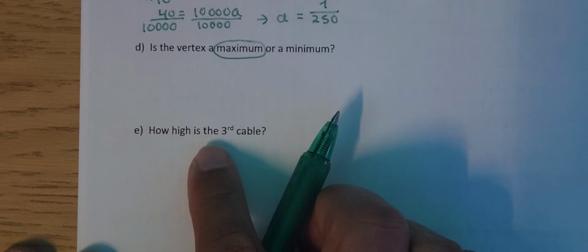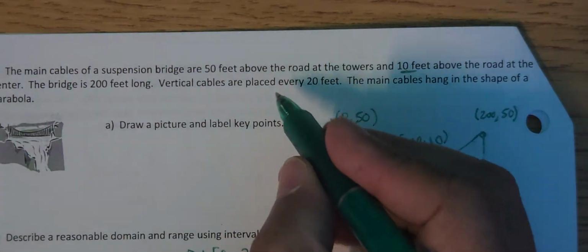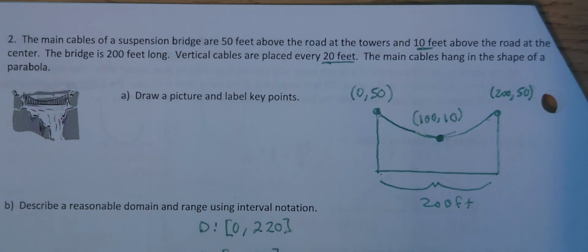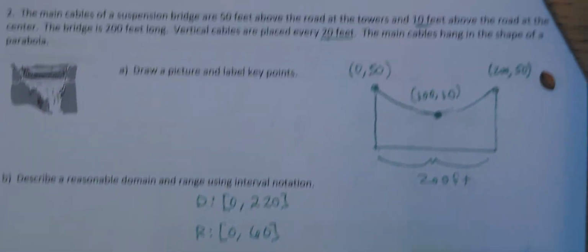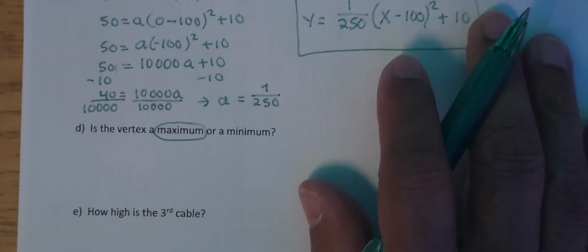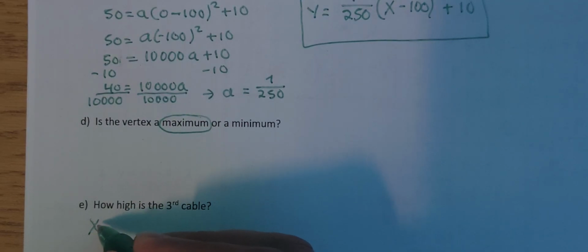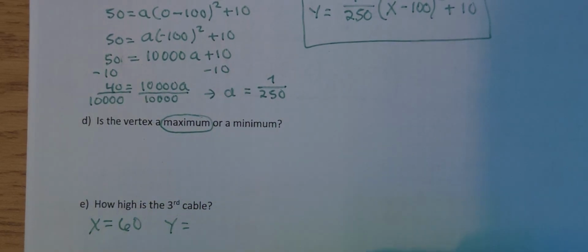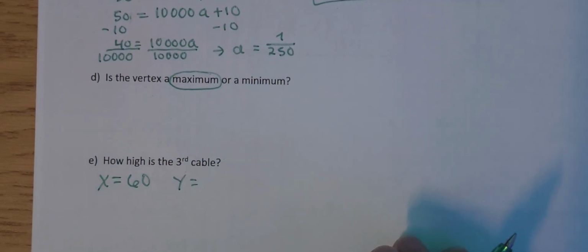How high is the third cable? Now, don't forget, each cable is placed 20 feet away, right, from each other. So then the third cable should be, first cable is 20, second is 40, the third cable is 60. So then that means when x is equal to 60, okay, what is the y value? Or how high is the cable?